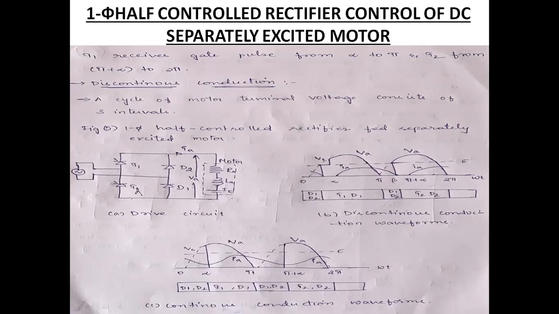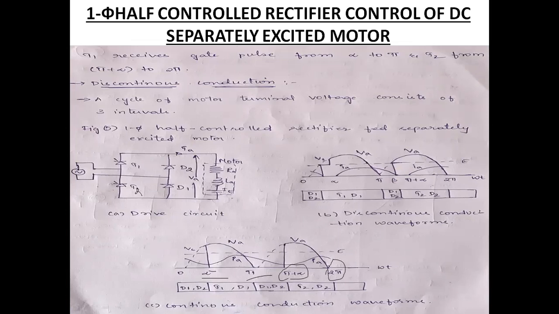This is T2. So T1 will be getting pulses from alpha to pi, and from pi plus alpha to 2 pi, T2 is getting firing pulses.